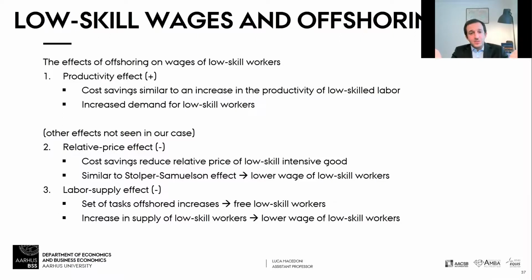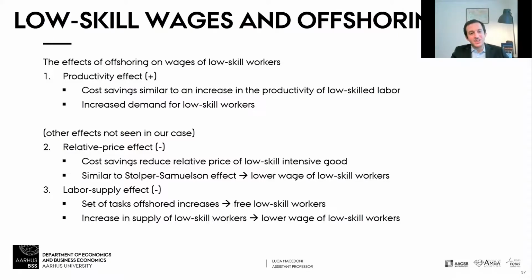Okay, so the key information that we need to distinguish between the two models in terms of predictions is to figure out whether offshoring is involved in the tasks or whether it's involved in the intermediate inputs. Okay, and depending on which of the two is involved, you'll be able to apply a particular model.